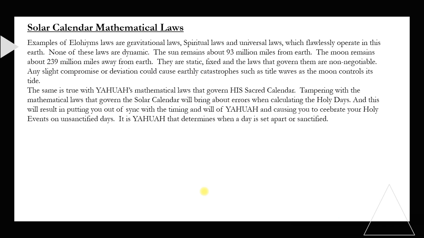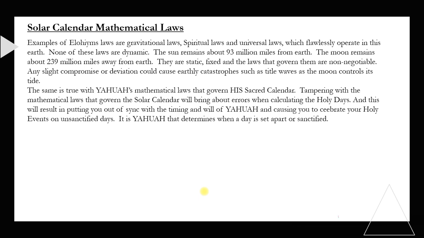None of these laws are dynamic, they are static. For example, the sun remains 93 million miles from Earth. The moon remains about 239 million miles away from Earth. They are static, fixed, and the laws that govern them are non-negotiable.